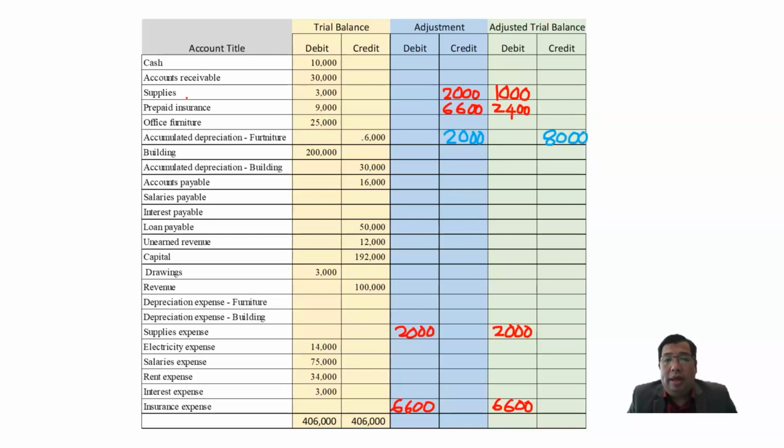Still remember, credit and credit, same side, so credit plus credit, the answer should be credit 8,000. That is for furniture. And then we're going to have one new item here, depreciation expense for furniture. This is the credit and this one should be debit. So this one is 2,000.